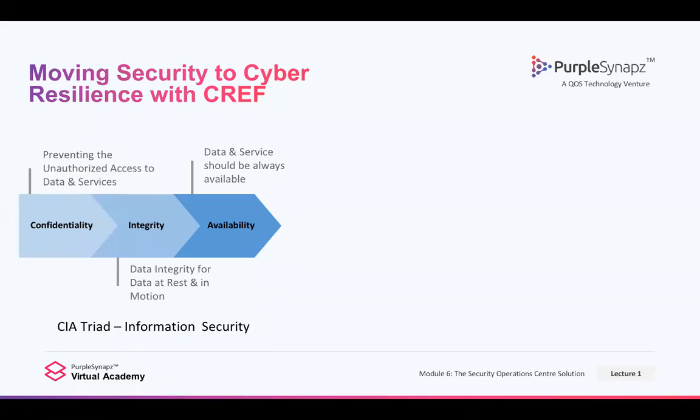Integrity was primarily targeted at ensuring the sanctity of the data, both at rest as well as in motion, not being mutated or modified by anybody, whosoever that individual or host is. And availability is the assurance of services as well as data availability for the legitimate users. So those were the three focus areas of doing the cybersecurity solutions.